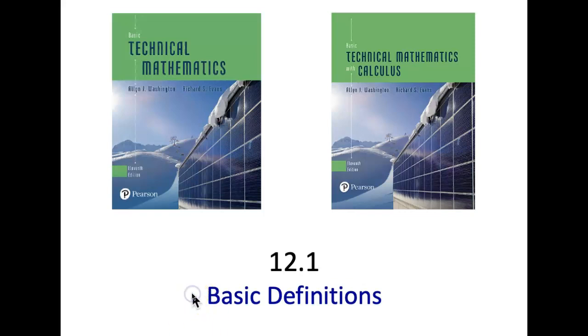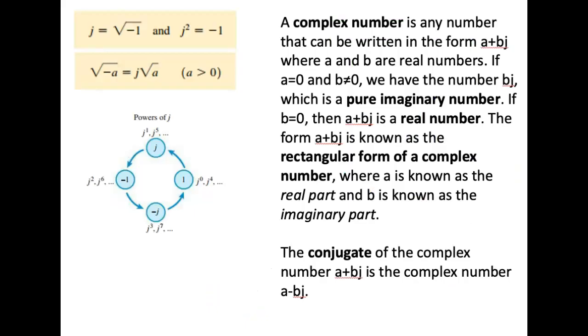So in our complex number system, we have a complex number that can be written in this form. And I'd like for you to notice, first of all, this up here at the top in the shaded box. This is our key.